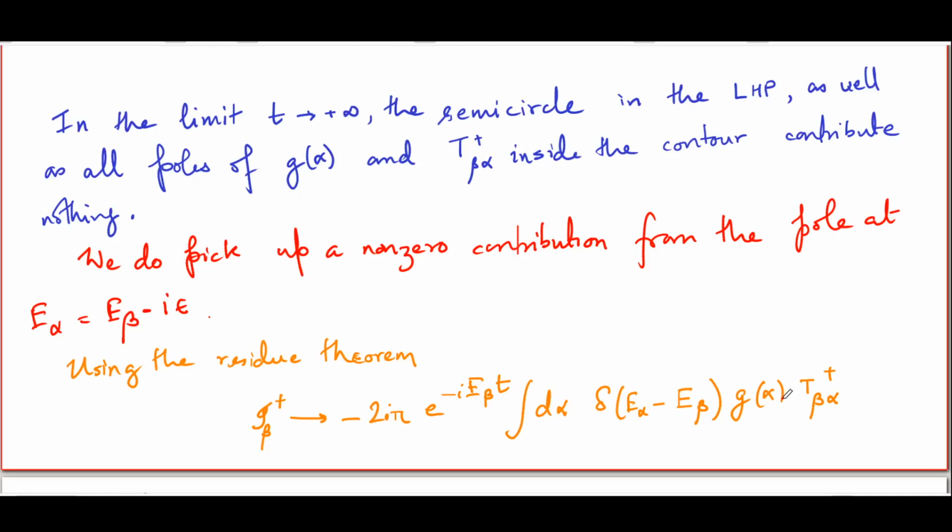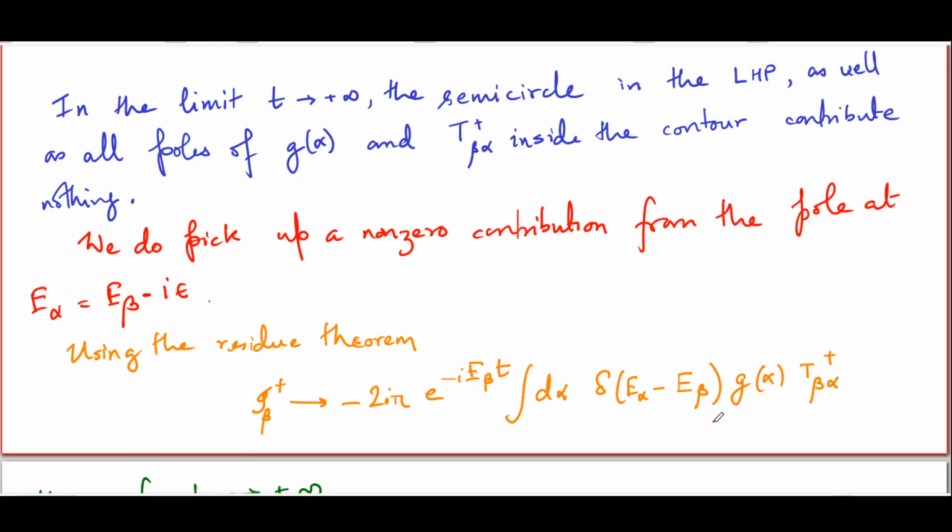G alpha may be a more complicated function of the alpha parameters and would usually involve other parameters than the energy. So we are leaving it as G alpha with this delta E alpha minus E beta still stuck, reminding you that the energy E alpha has to be replaced by E beta throughout. So this is what chi beta plus is in the limit t goes to plus infinity.